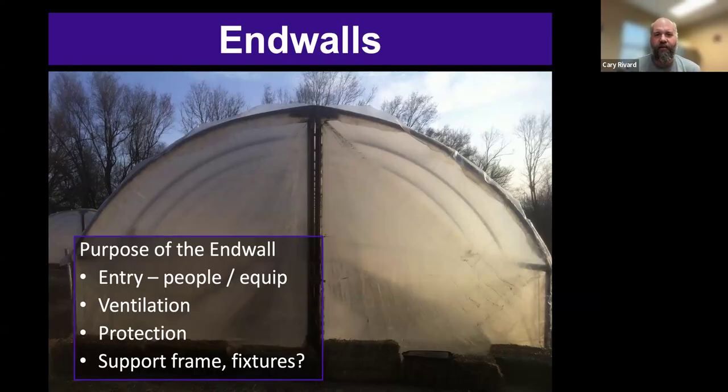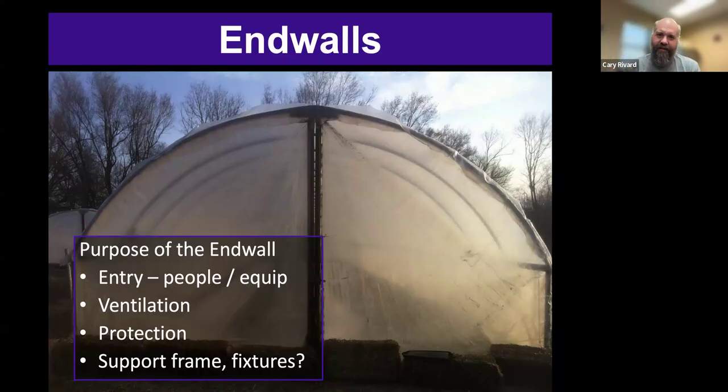We might open a door, open a gable vent. And then obviously protection, not just from the wind, but also from wildlife. One of the nicest things about growing in tunnels out where I am is it's one of the few places on the farm where the raccoons and the possum can't get to all of our crops. So, depending on what your needs are, you may or may not need a less or more complicated in wall.